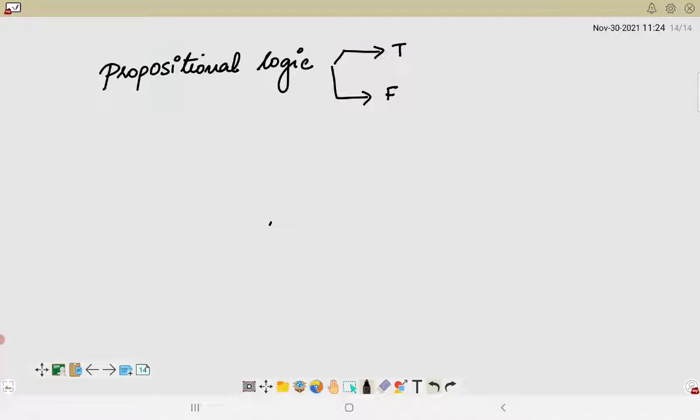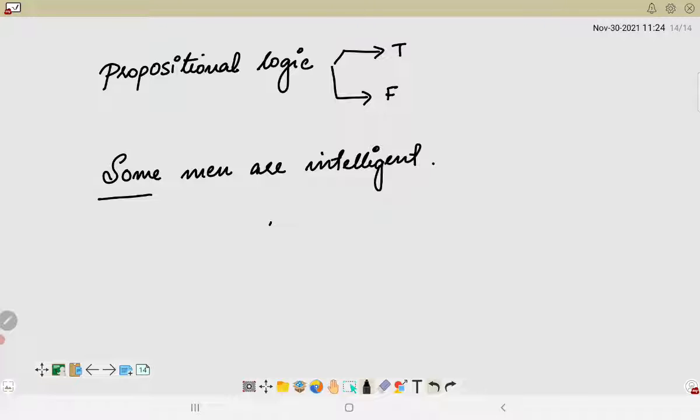For example, if we are considering something like "some men are intelligent," we do not have any scope of representing the factor "some," or "for all." These kinds of things do not have any representation.